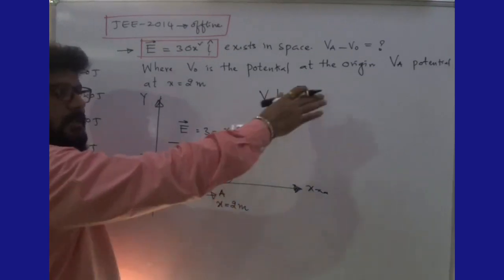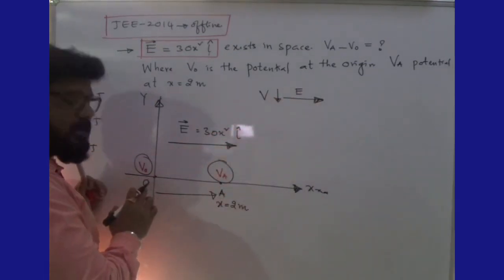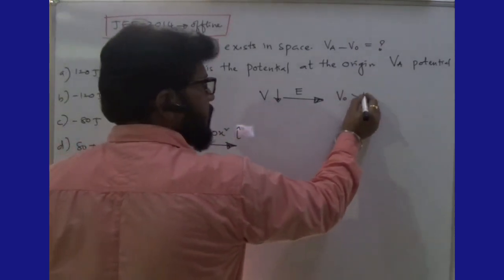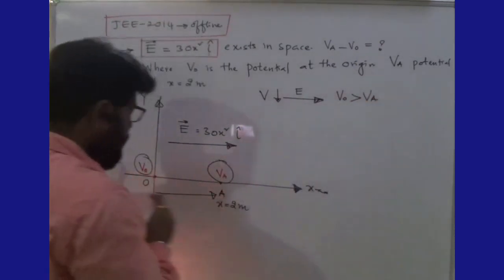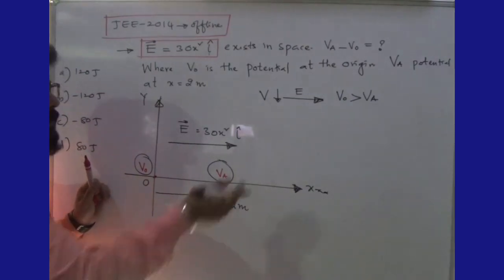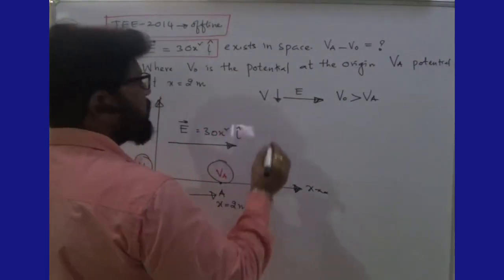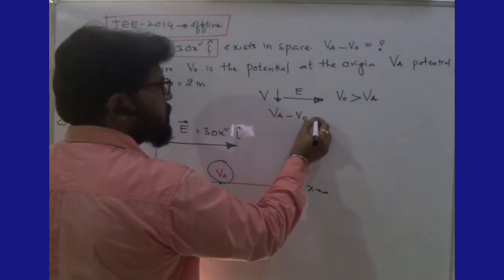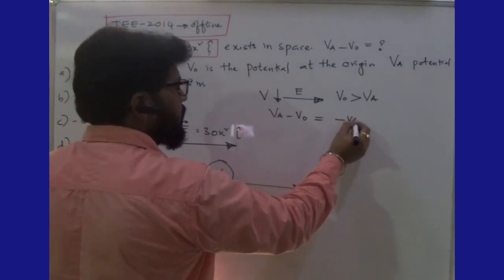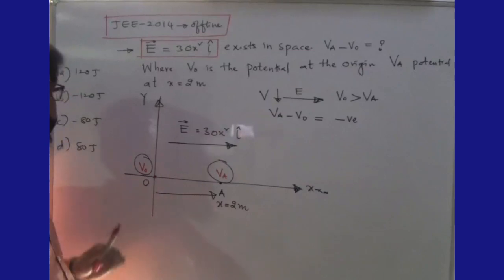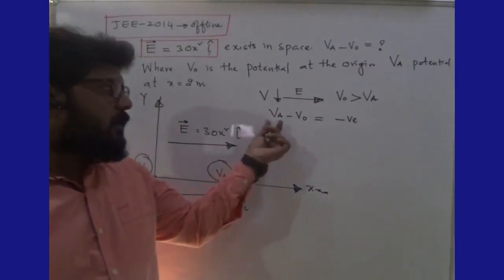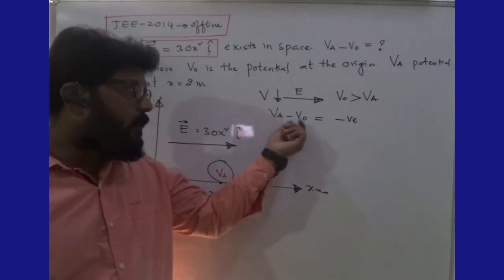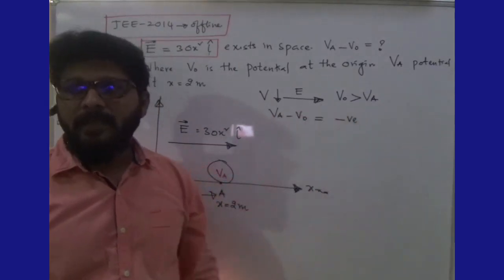So V is decreasing in the direction. That means V naught is greater than VA. But according to the problem, we should calculate VA minus V naught. That means definitely we will get a negative value. Since V naught is greater than VA, VA minus V naught will be negative.